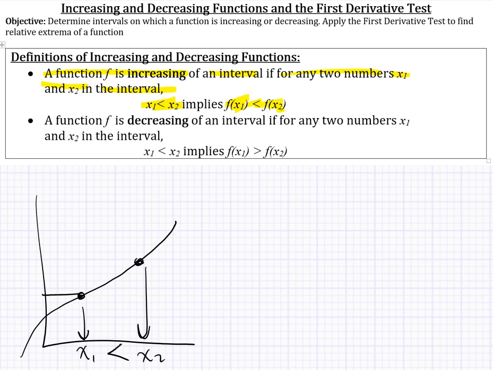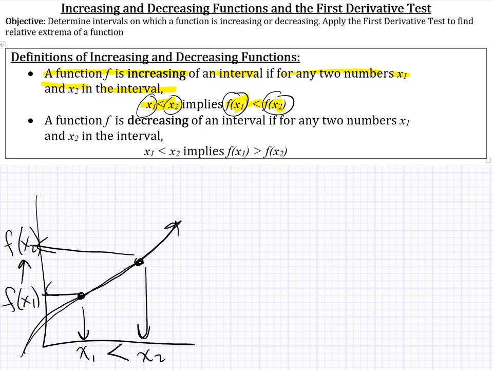Now look at the corresponding y values. The y value here, which would be f of x1, and the y value here, which is f of x2. f of x2 is bigger. x1 is smaller, so f of x1 is smaller than f of x2. And that happens simply because the graph is moving upward from left to right.